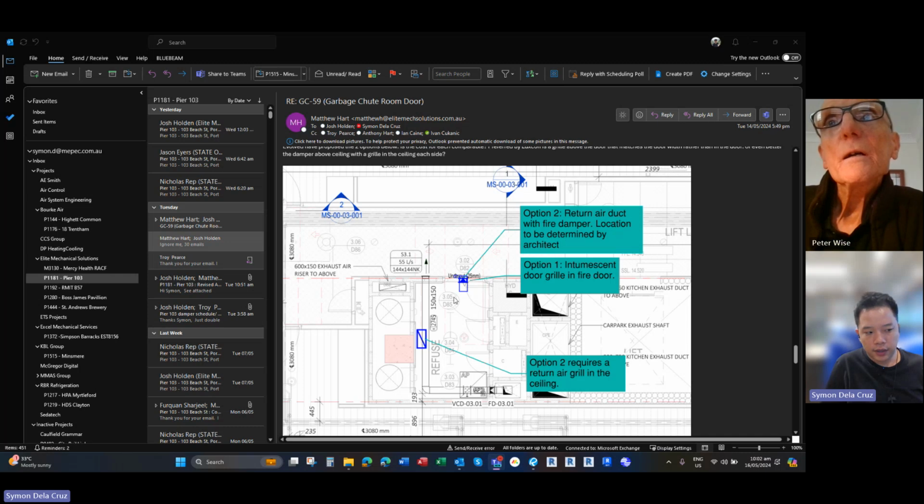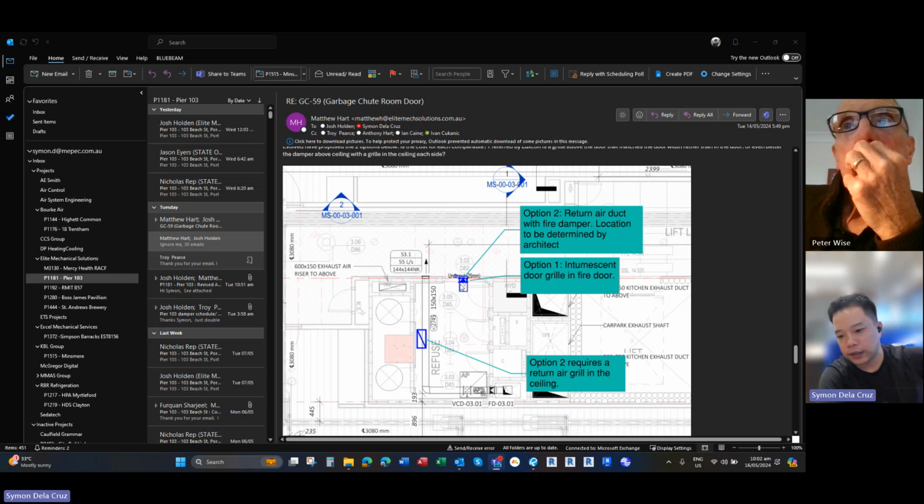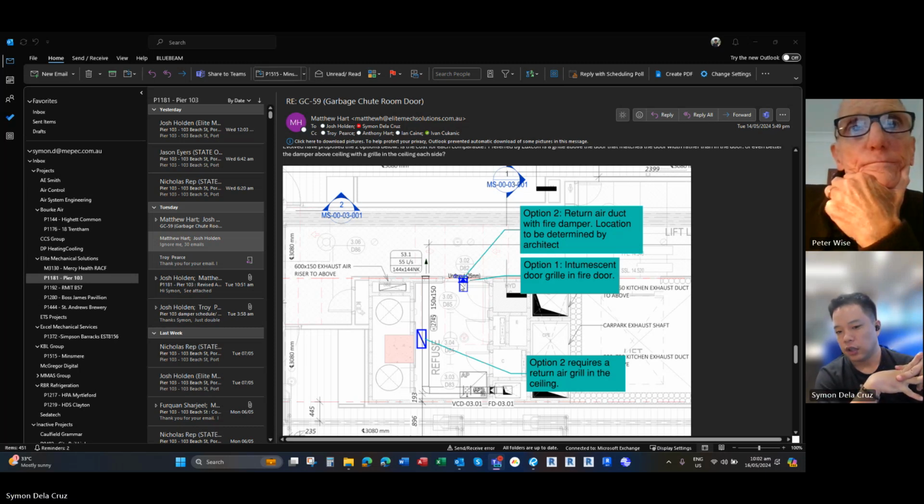Yep, trying to size the grill and fire damper, because if we increase it to 160, the grill size will be larger. If it's 30 floors, it's too expensive compared to reducing it.